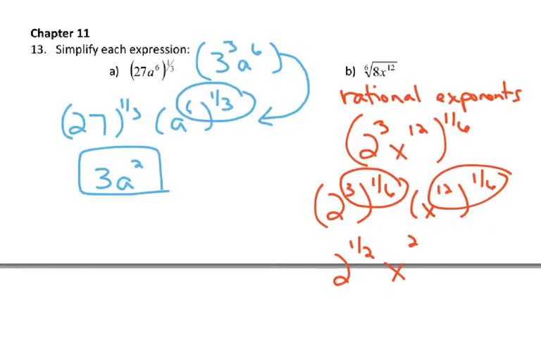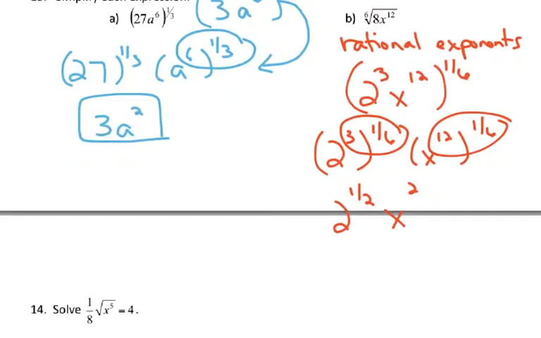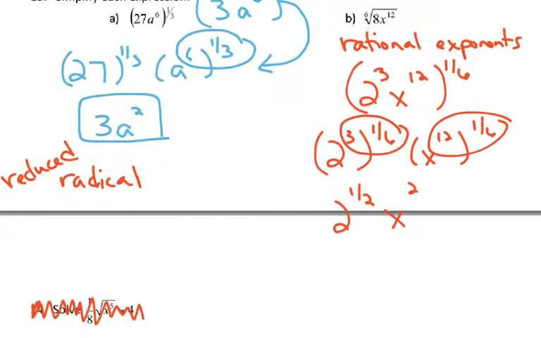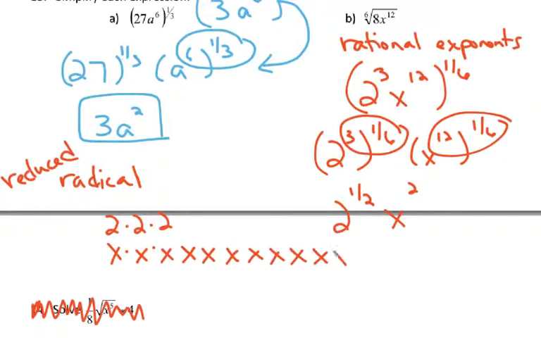However, if they instead ask you to rewrite it as a radical, don't worry, this problem will be in the next section. If they want you to rewrite it as a reduced radical, then the way you would have done it is you would have broken down 8 into 3 2s, and then you would have written out the x's.